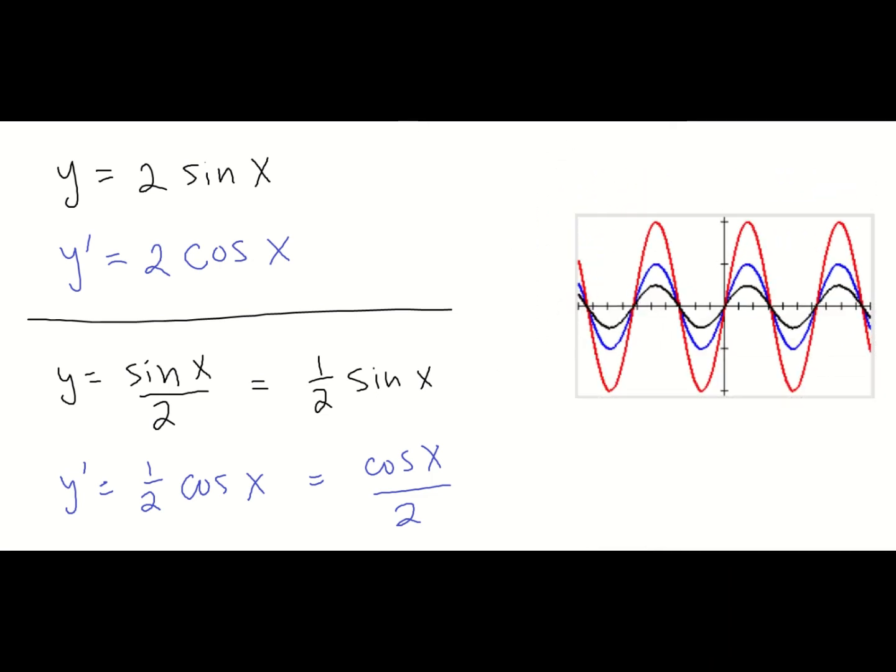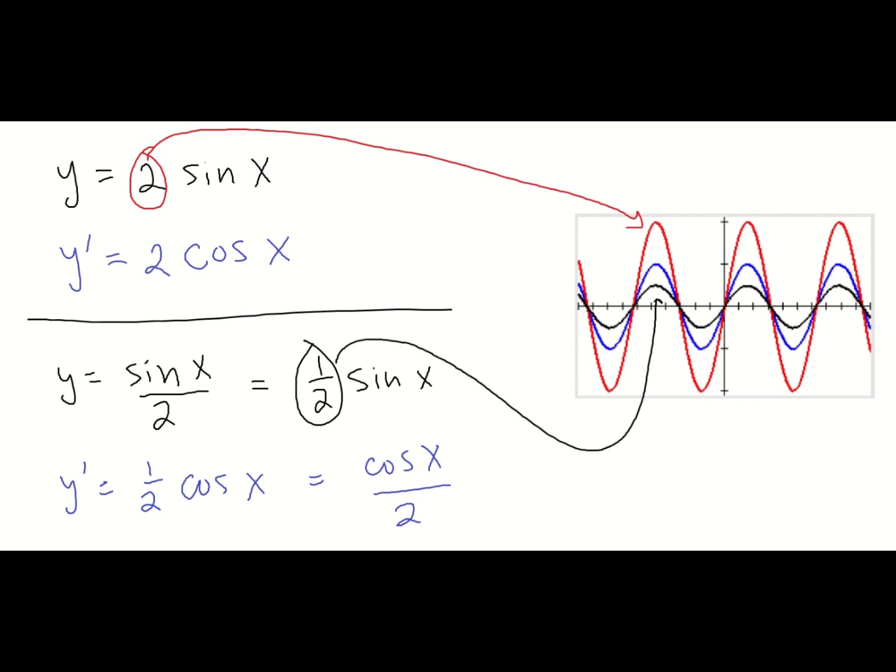This graph shows the function y equals a times sine x for different values of a. Notice the larger the value of a, the steeper the curve. And the smaller the value of a, the flatter the curve. And at x equals 0, the slope of each curve is a times cosine of 0, which is just a, since cosine of 0 is 1.